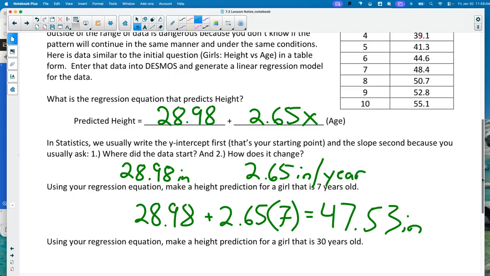Now, I'm going to call you out. Kate actually asked, doesn't this number just give me what the data table tells me? And it doesn't. What Desmos is doing is it takes your scatter plot, and so I'm going to put a bunch of dots here, and it draws this line.